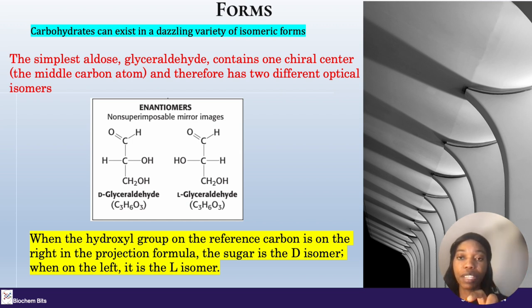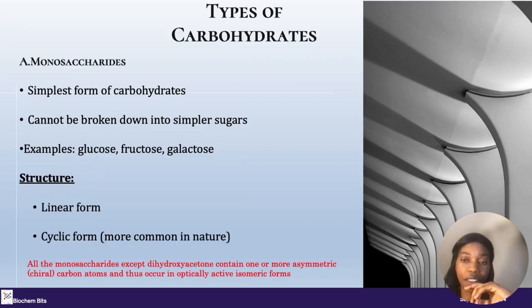The D means that it is dextrorotatory, which means it is rotating to the right, and the hydroxyl group is on the right, especially on the reference carbon atom, while for the levorotatory it is on the left. So the position of the hydroxyl group on the reference carbon usually determines if it is a D isomer or an L isomer.